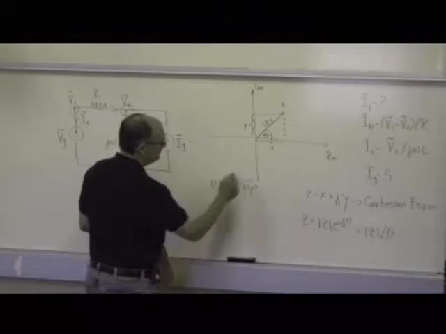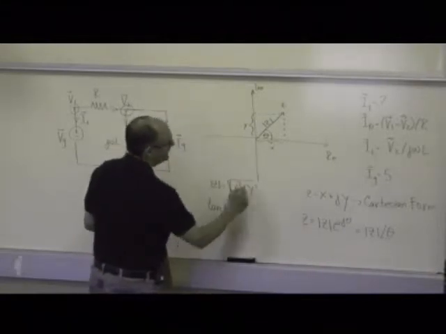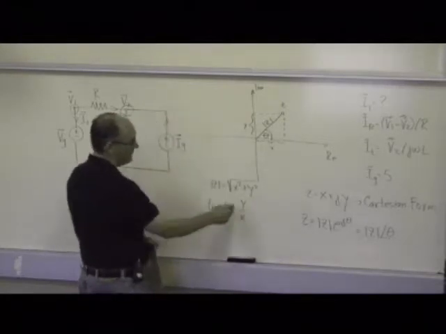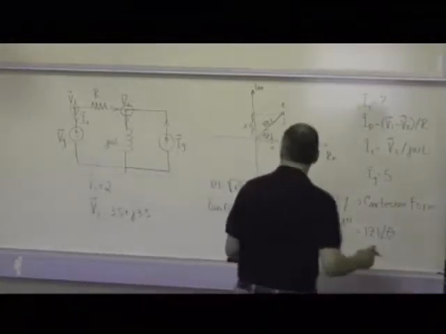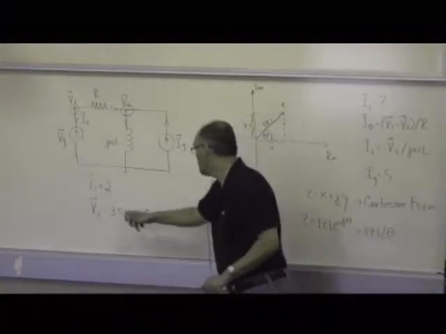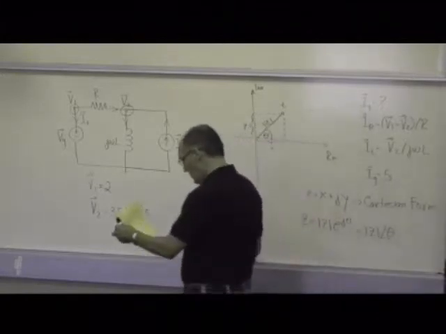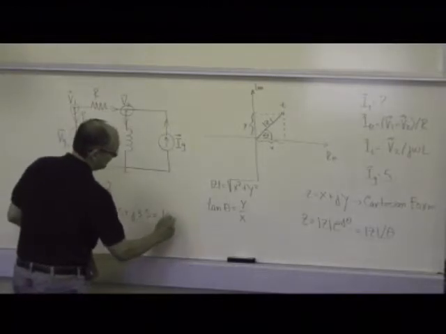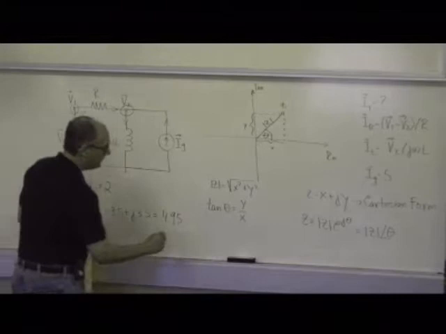And this angle would be related to x and y in the following way. Just take the inverse tangent of that and you get it. That's how one converts a Cartesian number like this into polar form. And when you do it here, you get 4.95, angle 45 degrees.